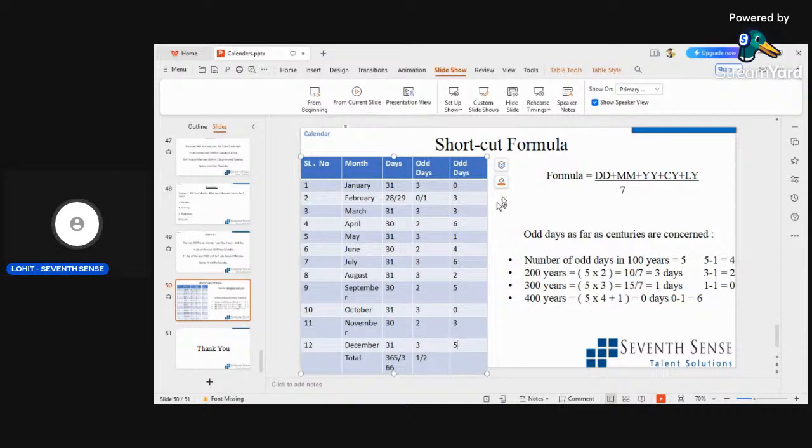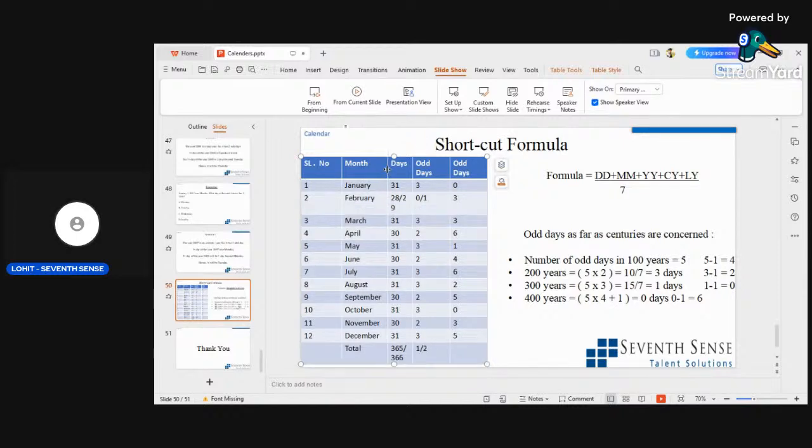Just wait a second, something is wrong here, I think. I think the column has been disturbed here.